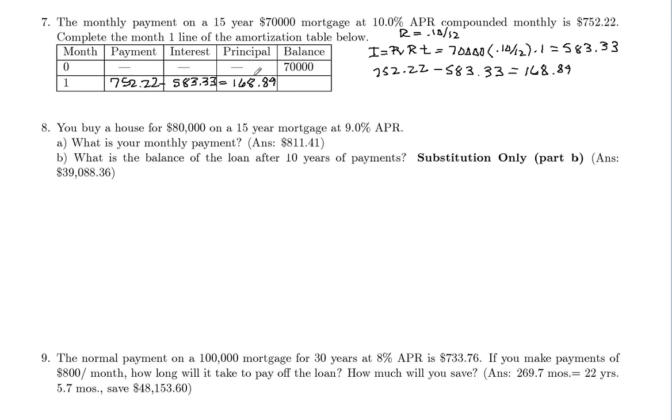That's the part that pays down the loan, so that gets subtracted off of the $70,000. Your new balance is $70,000 minus 168.89. That takes us down a little bit. That's $69,831.11. So that goes in here.